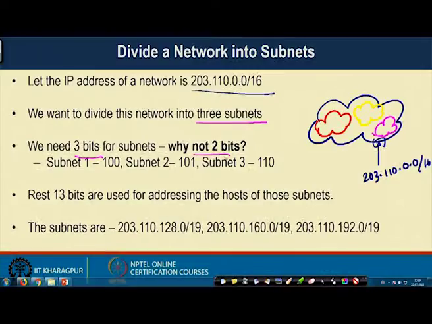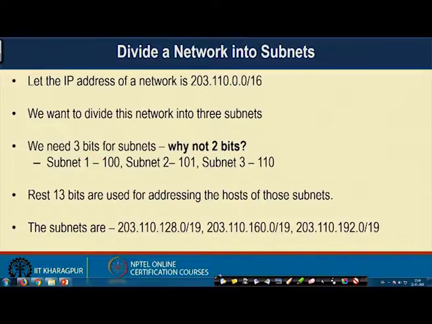So, 203.110.0.0/16 says that this 203.110 part is my network address part, then I have 16 different bits: 8 bits here followed by 8 bits here. These 16 bits I can use to create the subnets.